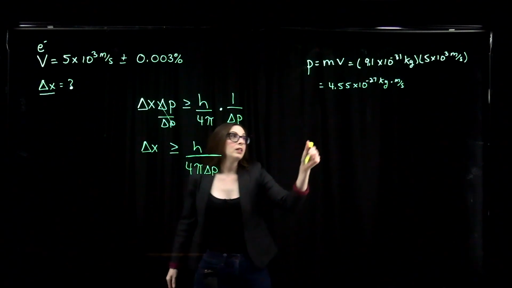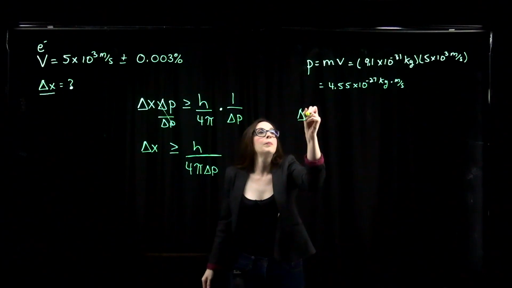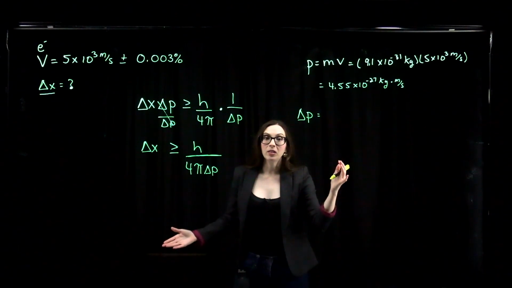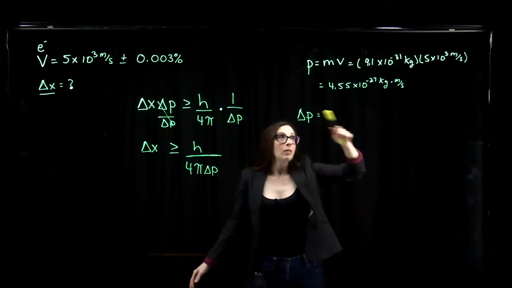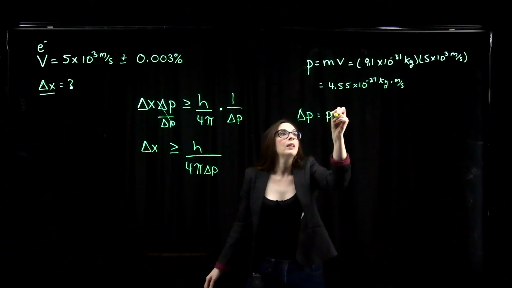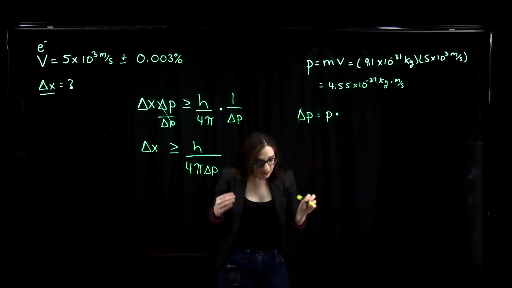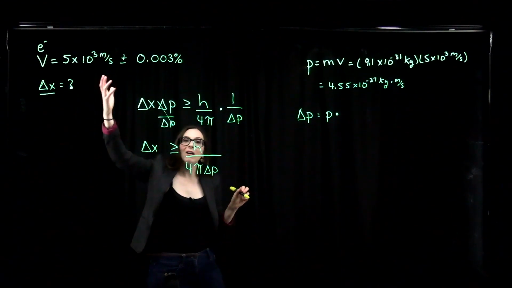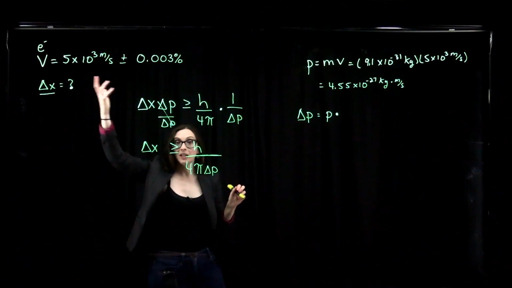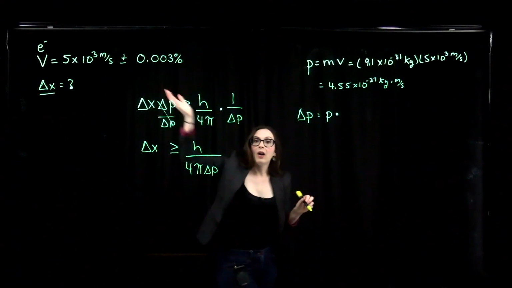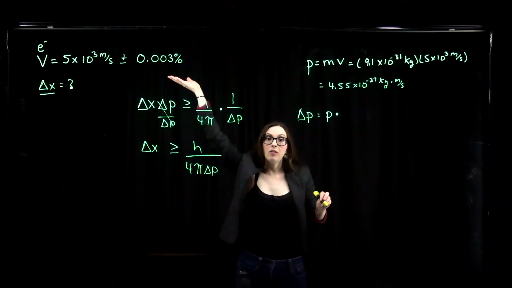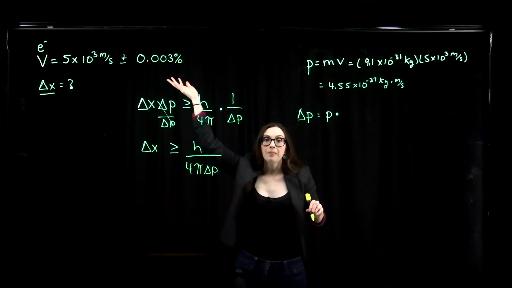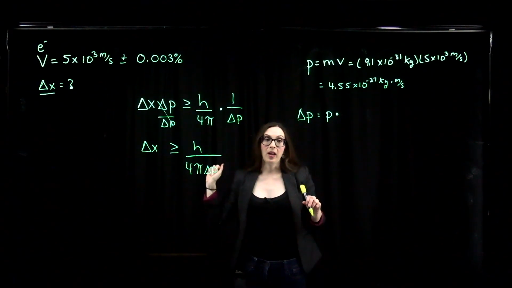So the uncertainty delta p of the momentum is going to be my momentum times this accuracy to how well I know my speed of the particle. Now, I know my speed of the particle to an accuracy of 0.003%.